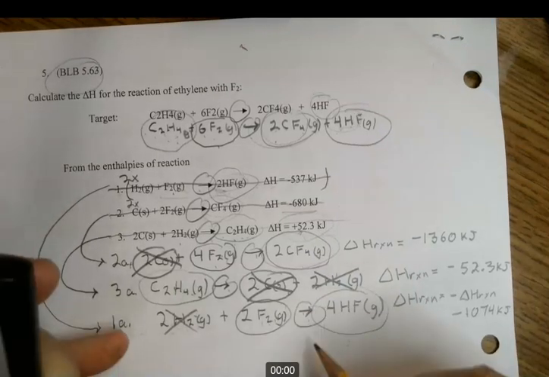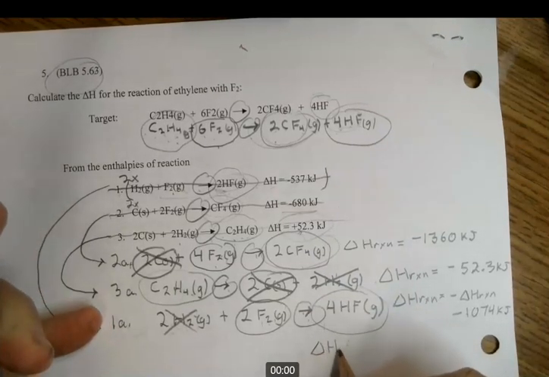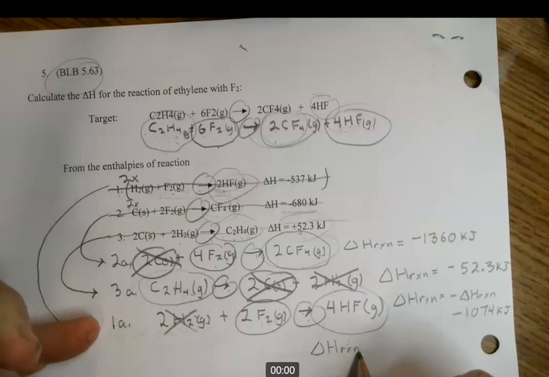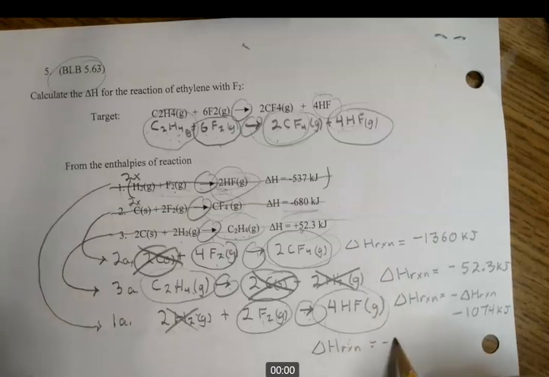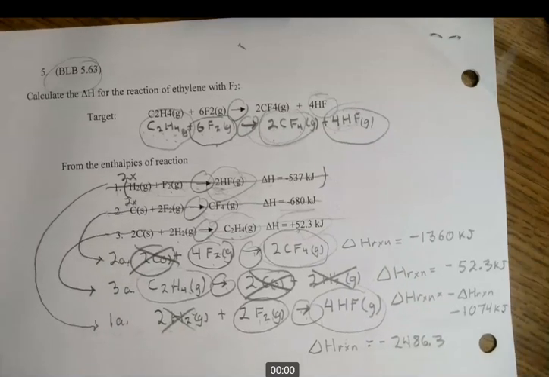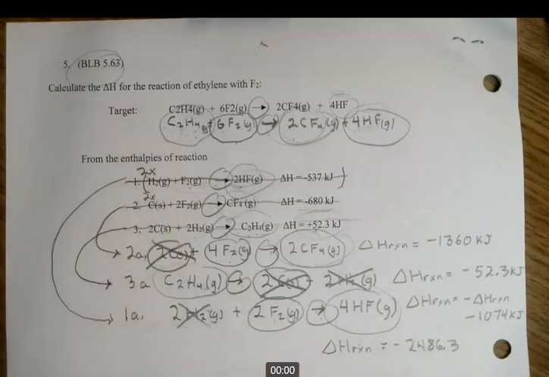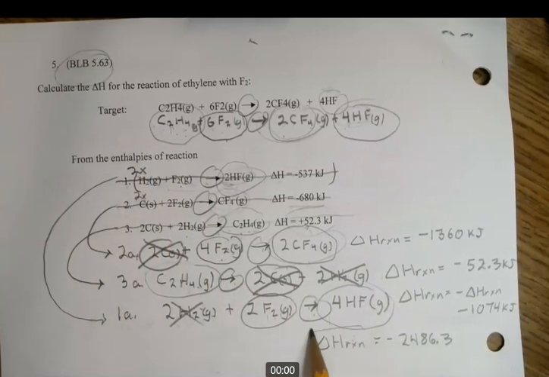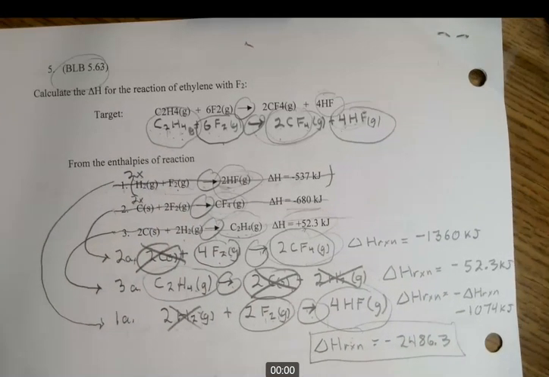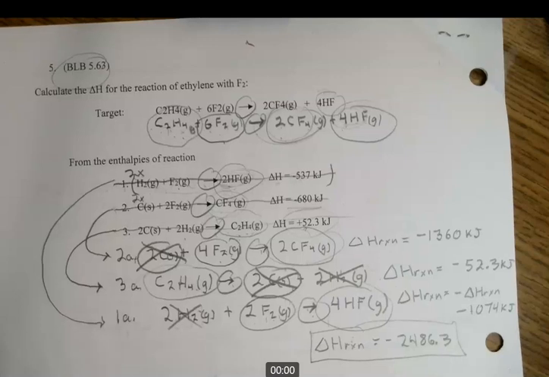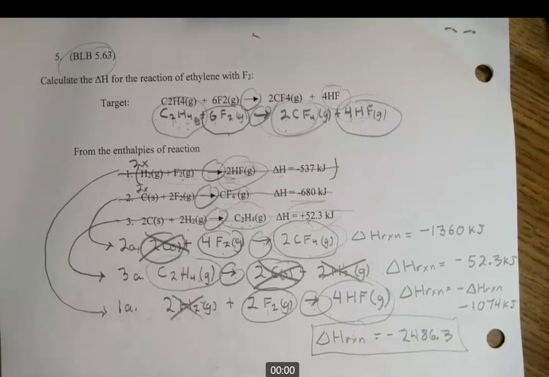I did this pretty fast, but I get a delta H of reaction for that of negative 2,486.3. Okay, and it is for 1 mole, so that's what I got for that. So, okay, all right. If you think my work is wrong, let me know, but I think everything seemed to work out there.